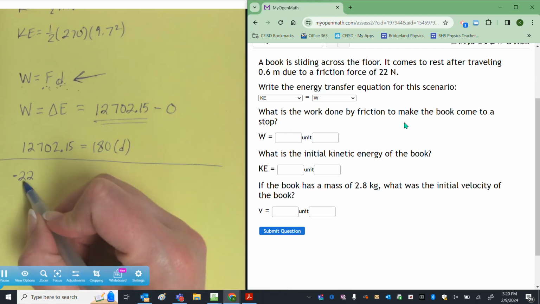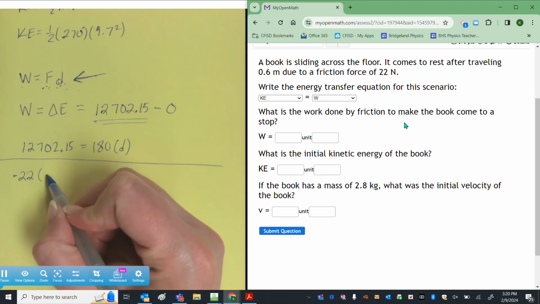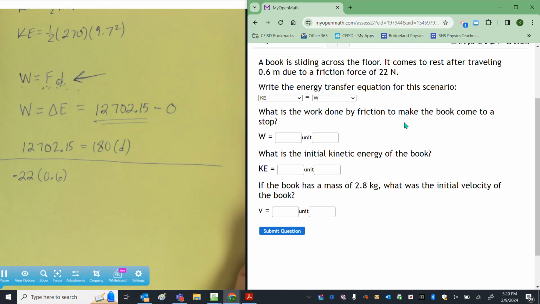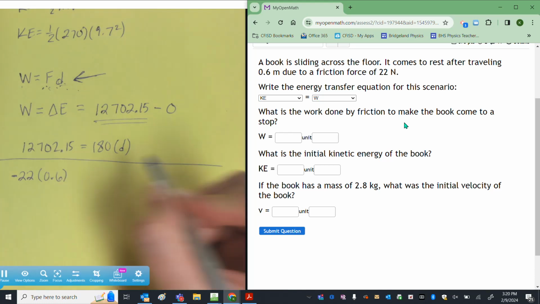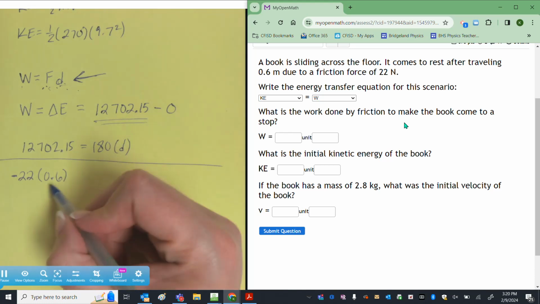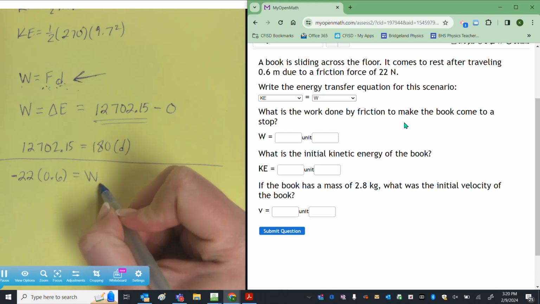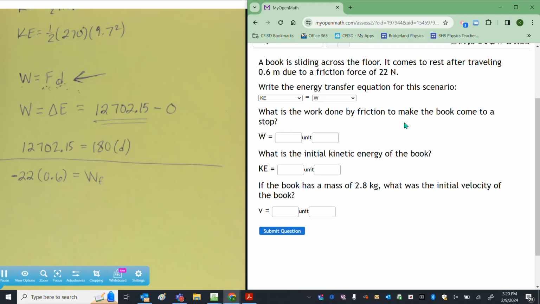And so I know that if my displacement is 0.6 meters forward, that my friction has got to be negative 22, because it has to be opposite the direction of this. So I have negative 22 times 0.6, and that's going to give me my work done by friction. And again, that's this equation here. And so if we multiply those numbers, negative 22 times 0.6, we get negative 13.2. And so that's going to be our work, negative 13.2. And again, our unit is joules.